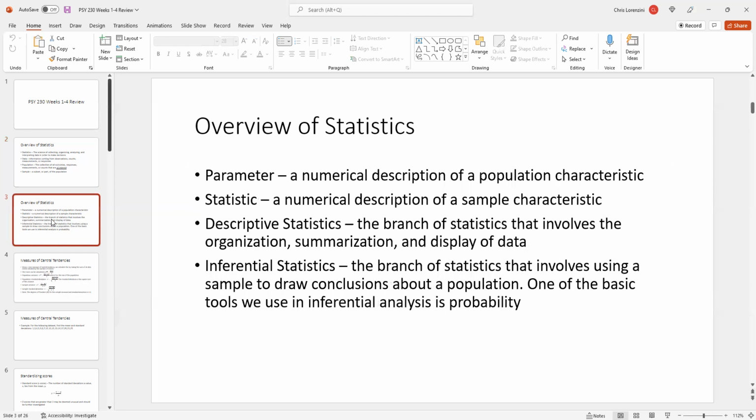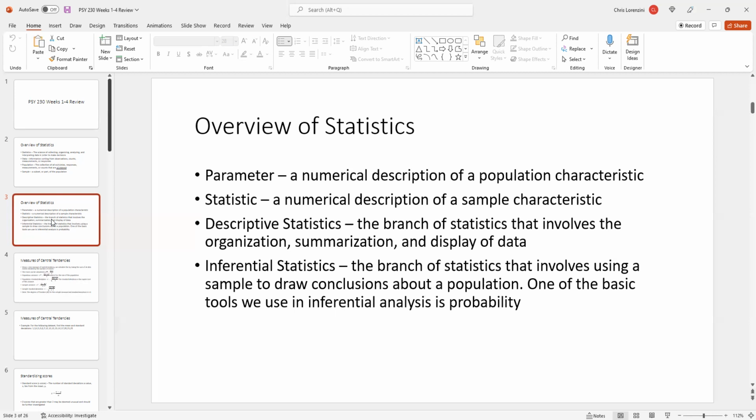Other ones, parameter and statistic. Parameter is a numerical description of a population characteristic. Think of that as the population mean or the population standard deviation. Those are parameters. Anything that describes a population. A statistic is a numerical description of a sample, right?